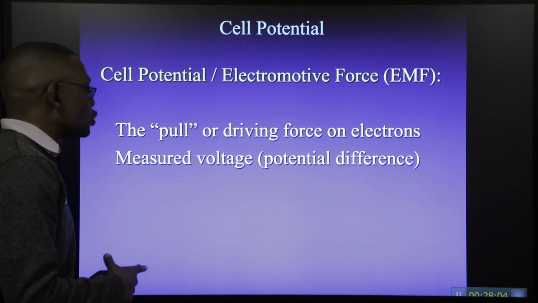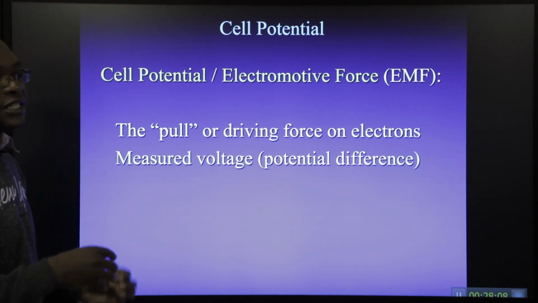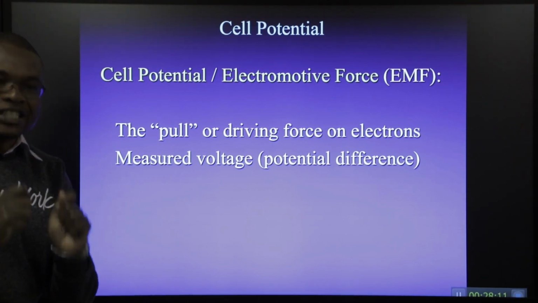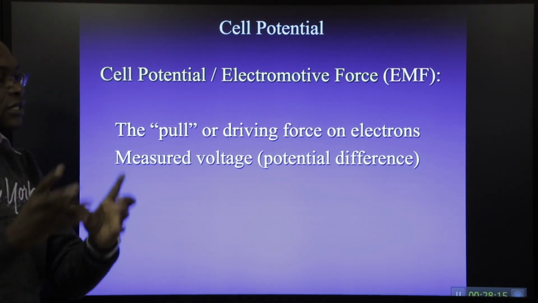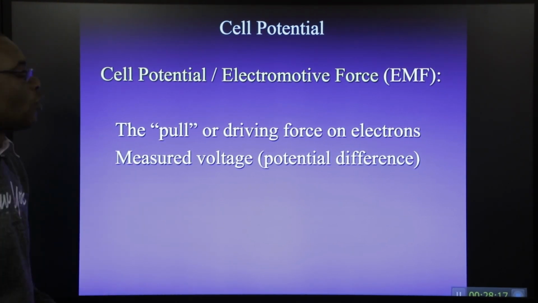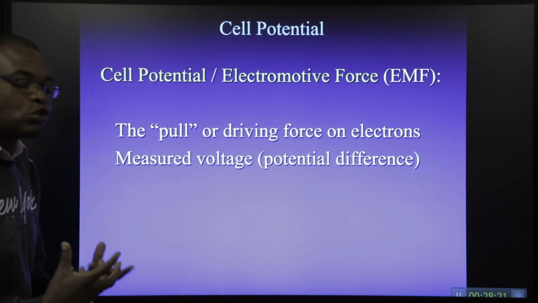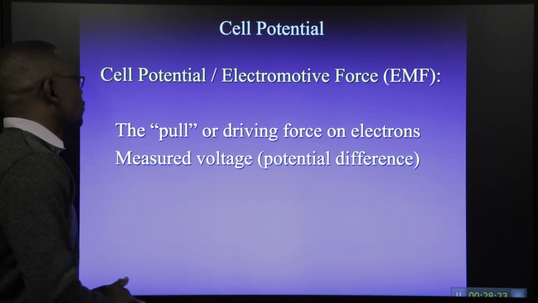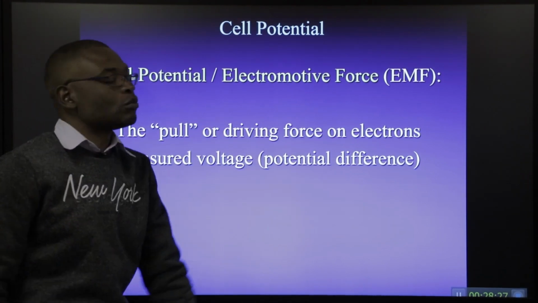Because remember, we talked about a galvanic cell as a device that actually generates energy, or generates an electrical flow, from which we will be able to make use of the energy that is generated. So we are talking of cell potential and electromotive force.